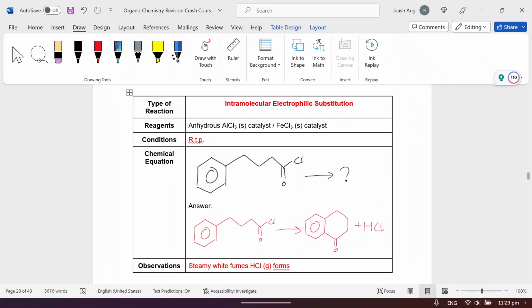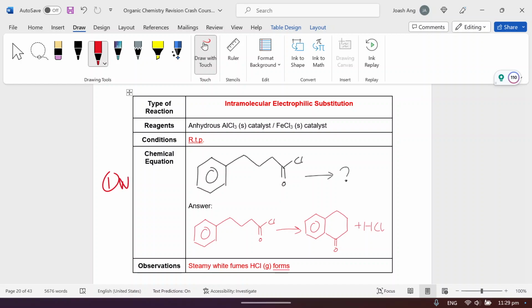Alright, so the chemical equation right here, when you encounter this type of scenario that you have never encountered before, we identify which one is the nucleophilic region and which one is the electrophilic region. And the mechanism is always the same. It's about electron rich always going towards the electron poor or electron deficient regions.